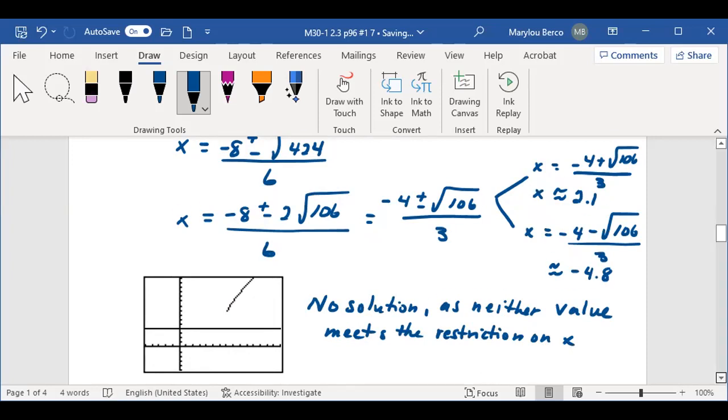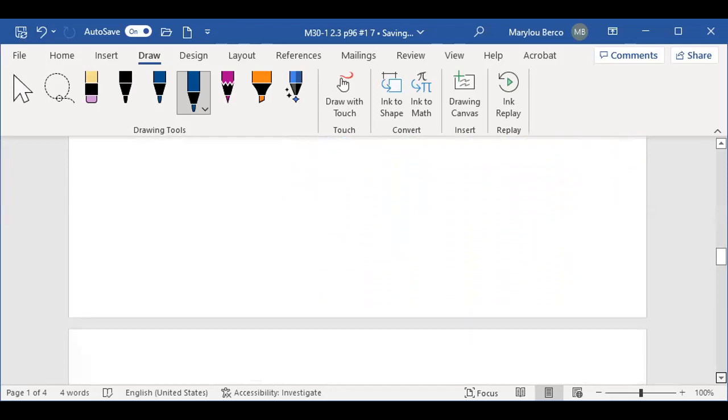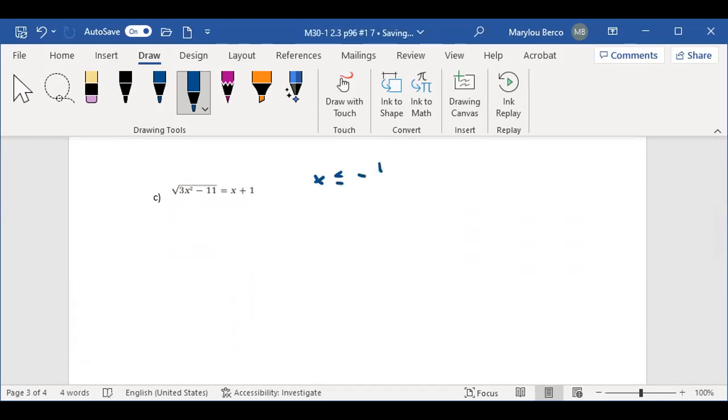Okay, if we take a look at C, our restrictions on the variable are x is less than or equal to negative root 33 over 3, or x is greater than or equal to root 33 over 3.